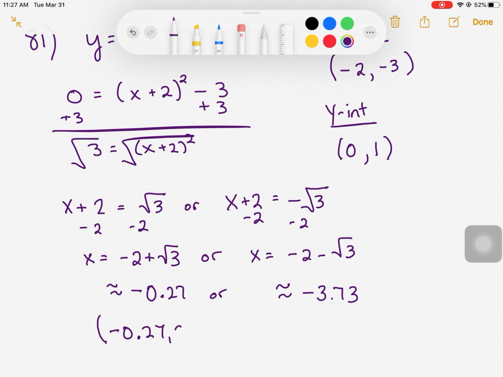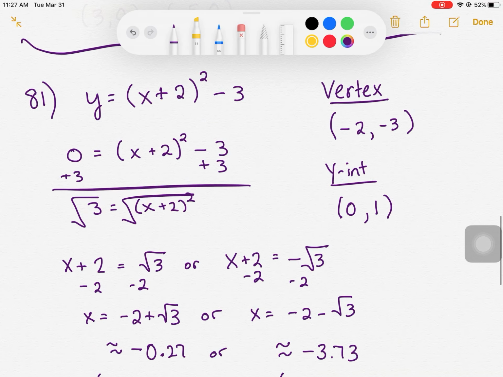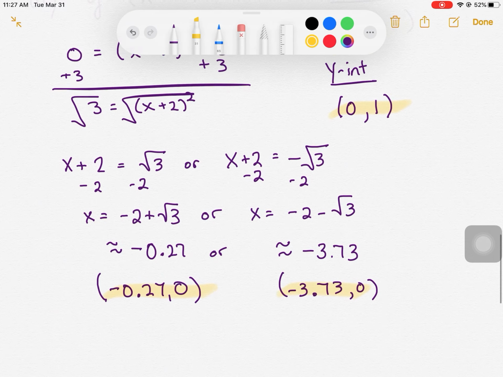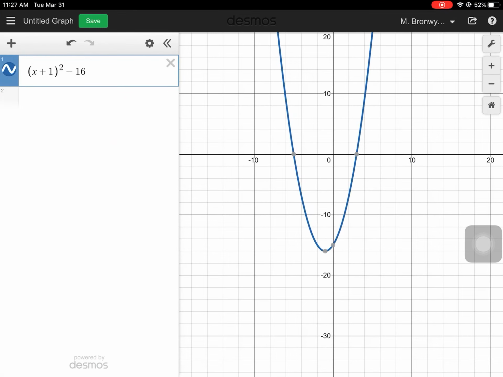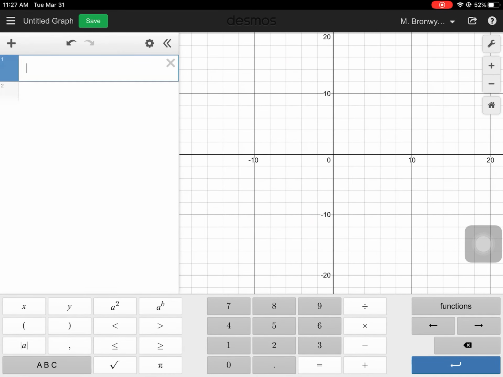So I do have two approximate x-intercepts. And again, I'm going to go in and graph and see if I got those points and if that's actually what it looks like when I graph it. Let's clear out that top one.